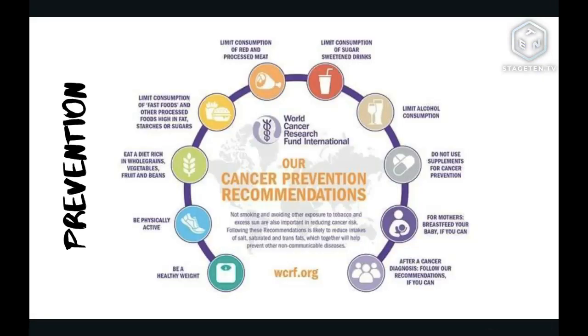Prevention. After undergoing the treatment, the patient always goes on to secondary prevention, but the primary prevention is pretty similar. It says that the patient should keep a healthy weight, be physically active, eat a diet rich in whole grains, vegetables, fruit and beans, limit consumption of fast foods and other processed foods high in fat, starches, or sugar, limit consumption of red and processed meat, limit consumption of sugar-sweetened drinks, limit alcohol consumption, and do not use supplements for cancer prevention.